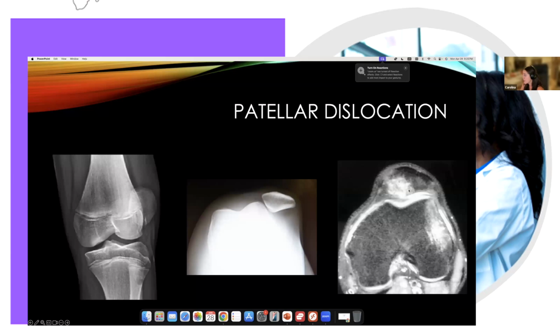So there is a contusion in the medial aspect of the patella and the lateral femoral condyle because they knock each other out. So the patella comes all the way to the lateral aspect, it knocks the femoral condyle and turns back into its trochlear groove. There is a predisposition to patellar dislocation whenever the trochlea is very shallow, which would be a trochlear dysplasia, but it can also be a traumatic injury.